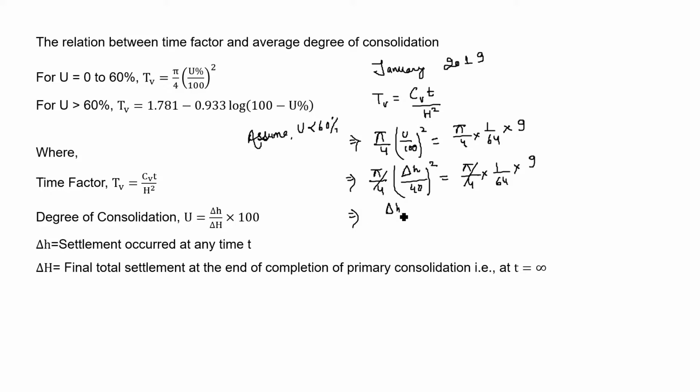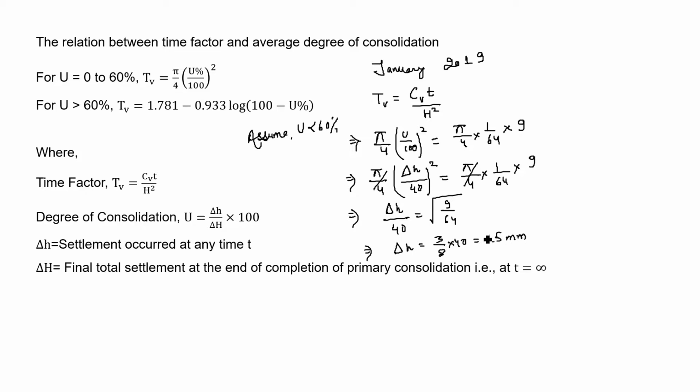So del h by 40 is equal to root over 9 by 64. So del h is equal to 3 by 8 into 40, which is 15 mm. Now this is the settlement after 9 years.